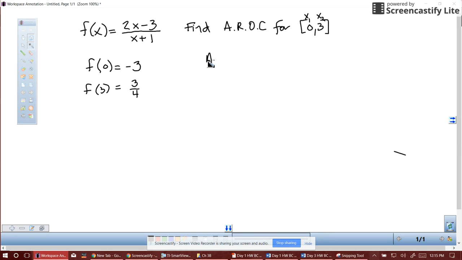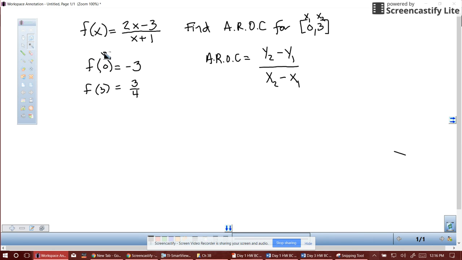So remember that my average rate of change is y2 minus y1 over x2 minus x1. So again, let me change colors really quick here if I can. Nope, I can't.